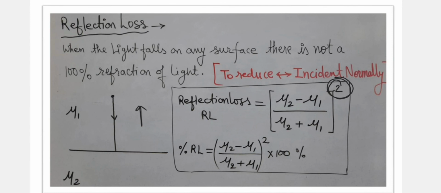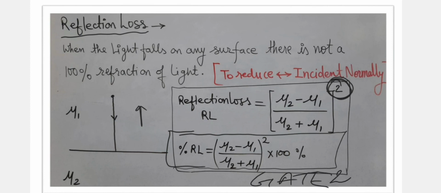Don't forget this square; people commonly make silly mistakes here. Generally reflection losses are expressed as percentage losses, so the percentage reflection loss is equal to ((mu2 minus mu1) upon (mu2 plus mu1)) whole square into 100%. This formula is important, and one question was asked in GATE nearly 2002. Keep this point in mind.